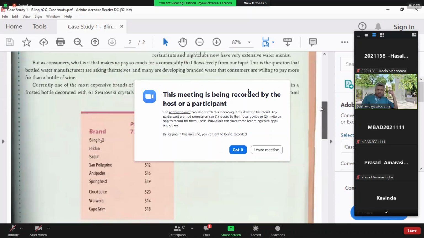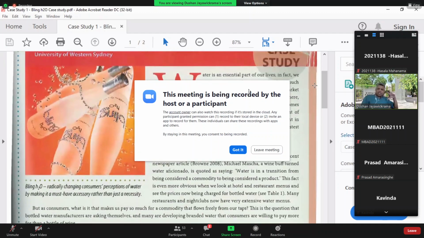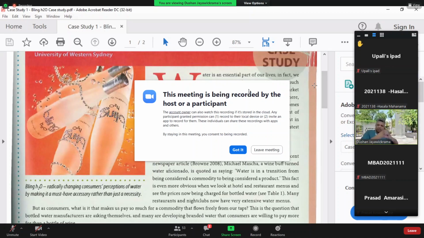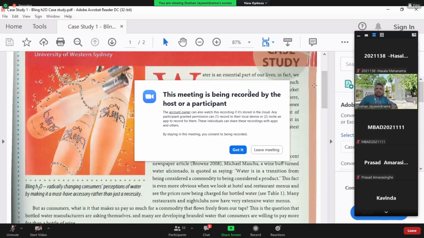I mean, there are no questions given here. That's okay. But go through this case study and have a discussion and share your thoughts on how you identify the target market and develop a positioning strategy, and then how your positioning strategy leads to pricing and product and other strategies.